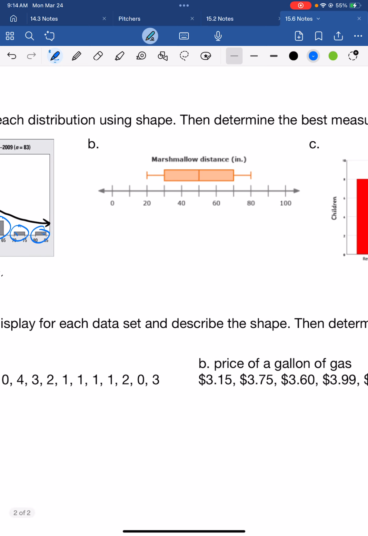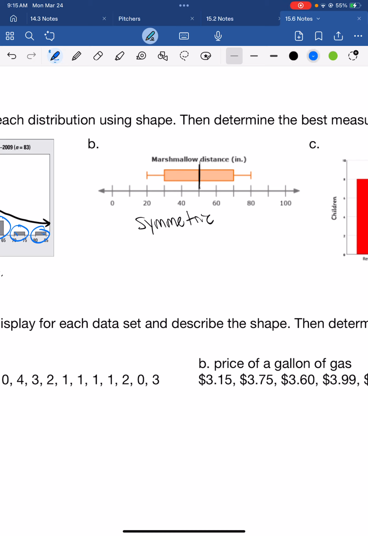All right, let's take a look here. Box plots, like we saw yesterday. This right here is the median, and it's the same on both sides, right? So this would be a symmetric graph, symmetric or symmetrical, whichever you'd like to say.